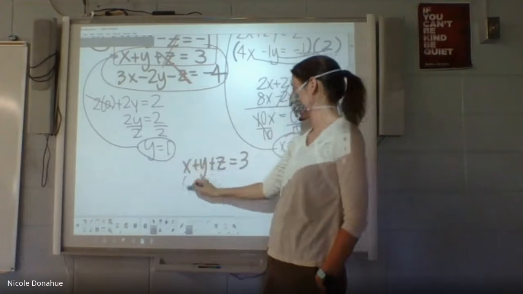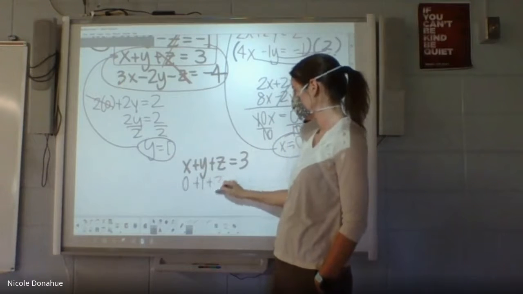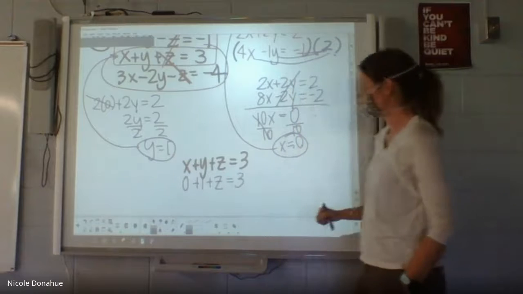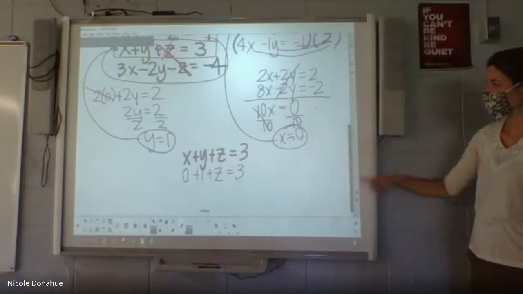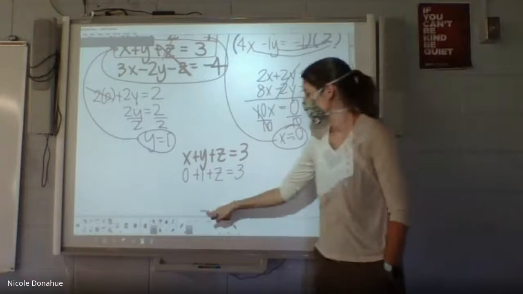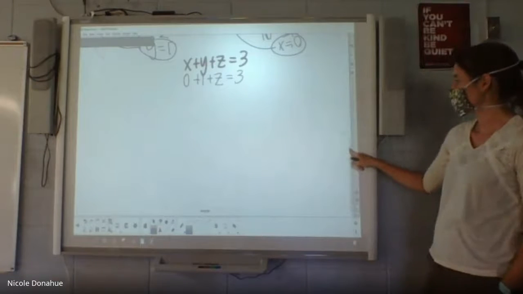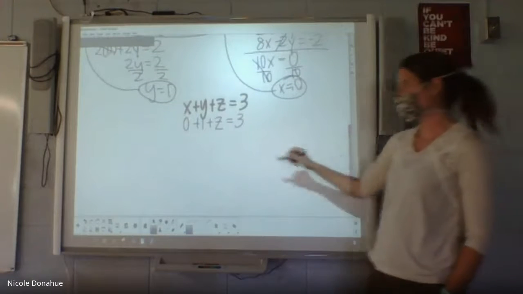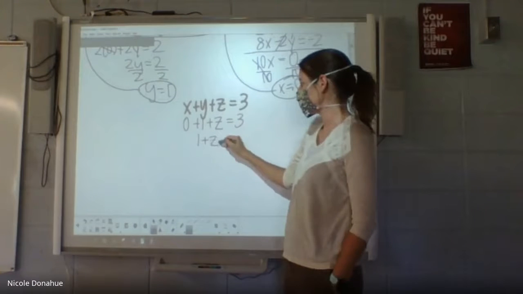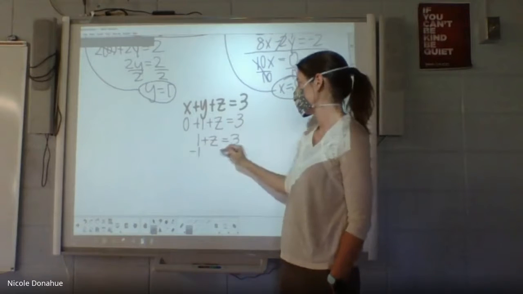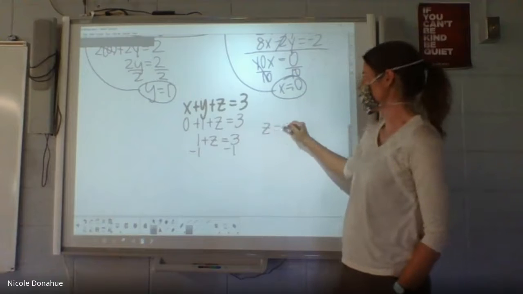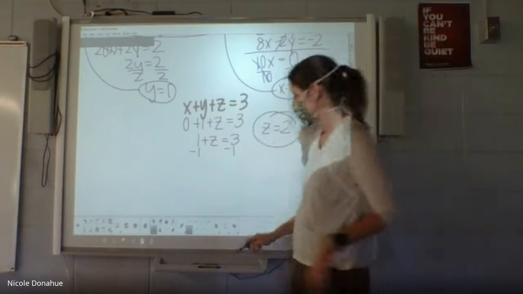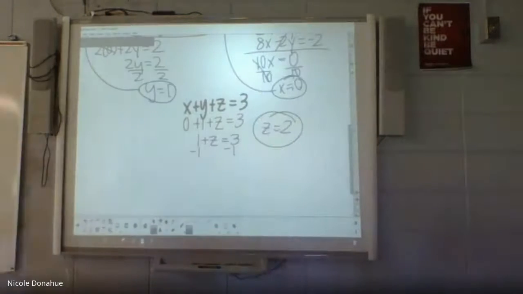So x is 0, y is 1. So we have 0 plus 1 is 1, plus z equals 3. So z ends up being 2. So like I said, I consider that to be a typical one that could be on our test.